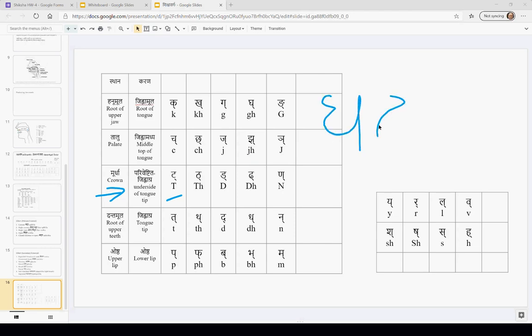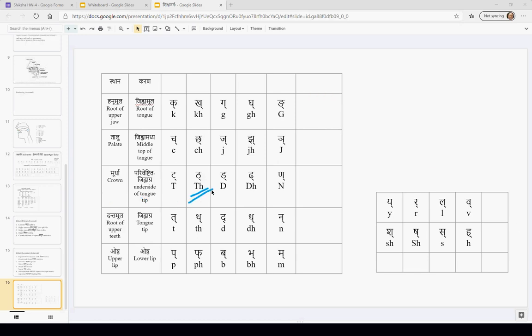Like in gha, the second letter was ta. So where are we going to pronounce this one? Position murdha, at the back of the tip of the tongue. Yeah. Ghata.